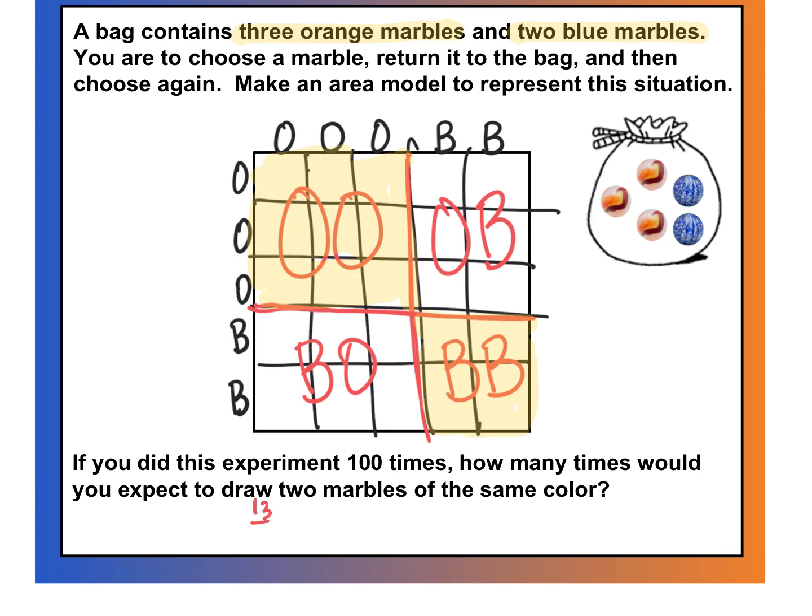So 13 chances out of 25. Well, the question is, what would that be out of 100? Well, it's times 4. So if we double 13 twice, 26, 52. So 52 times we would expect to get the same color 2 times in a row.